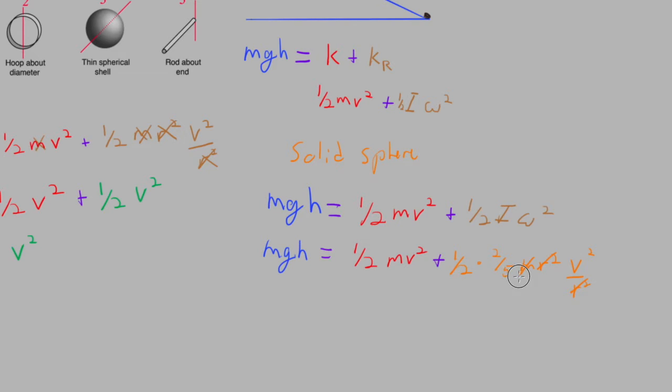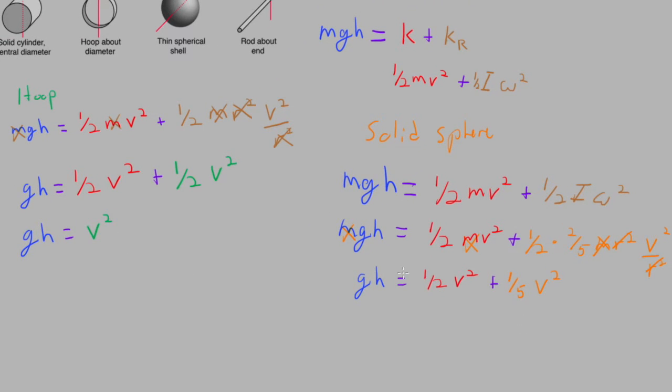I can divide each term by mass and lose that. Notice I had 1/2 times 2/5. And so when I bring these two together, I'm not going to have v squared like I did over here. I'm going to have gh being equal to 7/10 v squared. Those are clearly two different values.